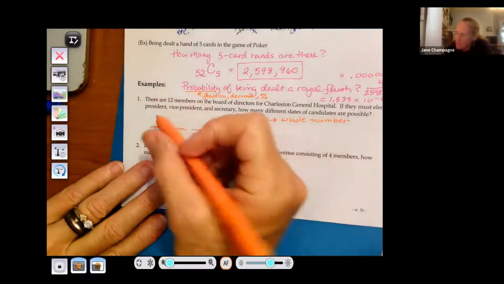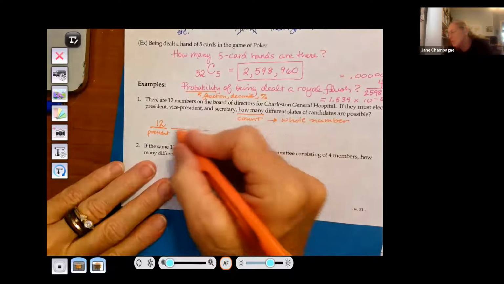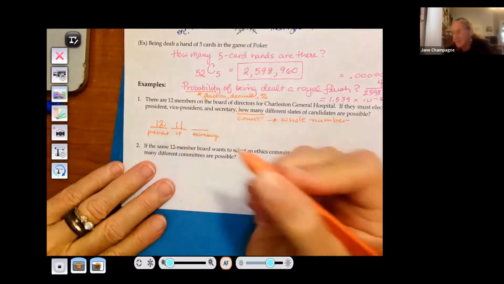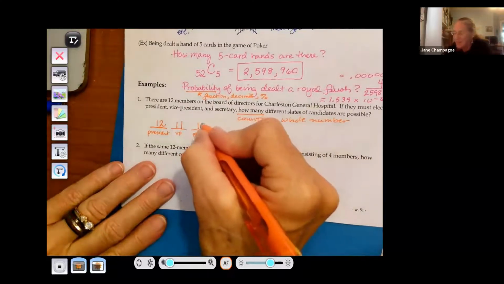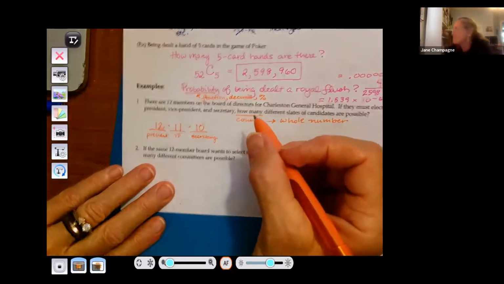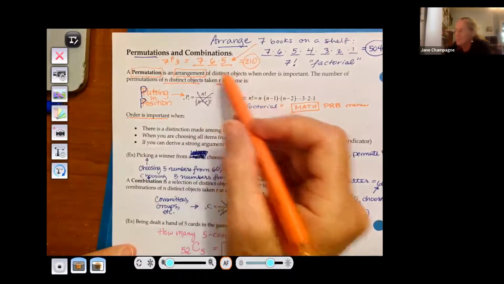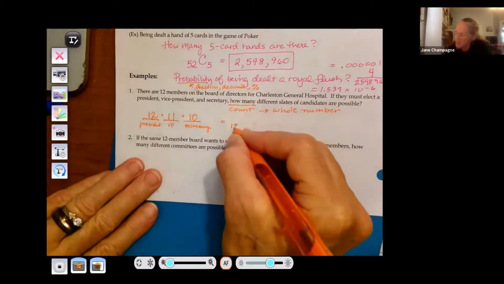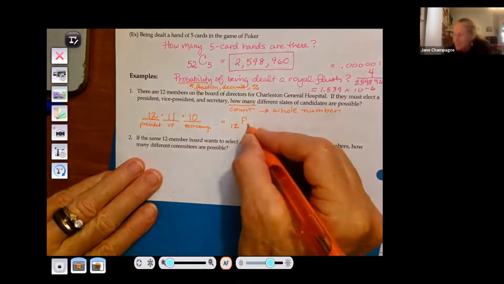So I've got 12 choices for each, but once I choose one of them, there's only 11 left for the next one, and then 10 left for the next one. So this is actually the same thing as a permutation up here. This is like arranging the books, if you think about it. So this is also 12 permute or put into position 3 of them.